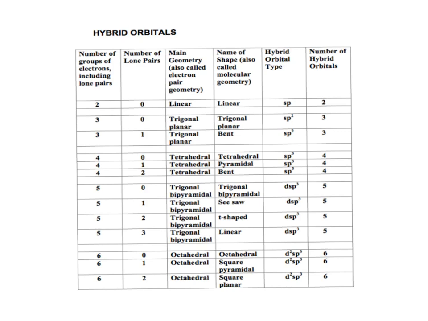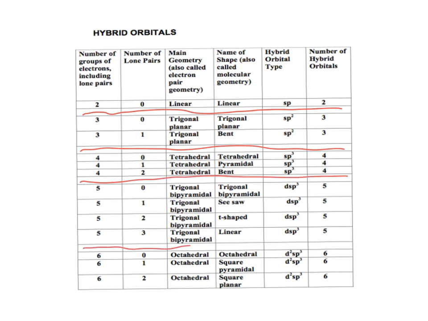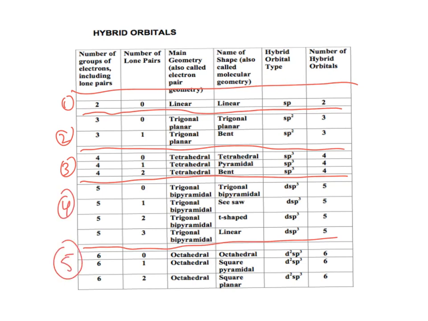But for now, we have learned that there are these categories. Right? 1, 2, 3, 4, and 5 categories.